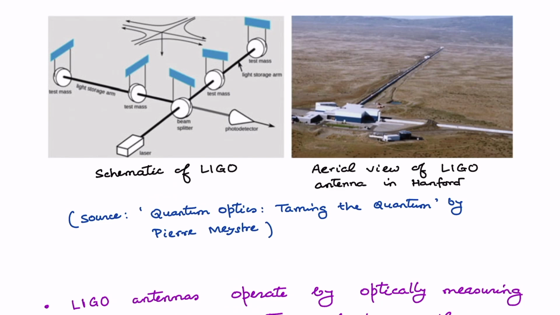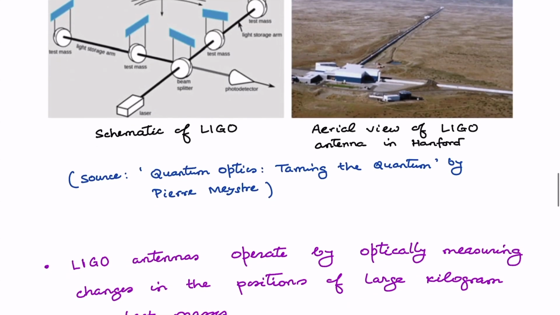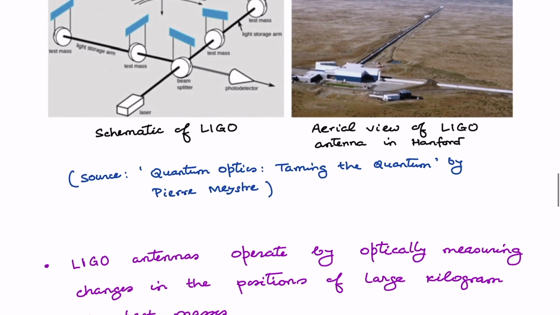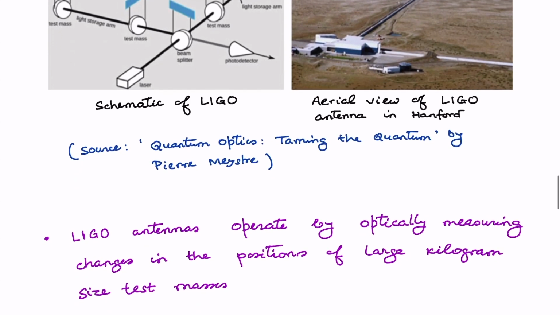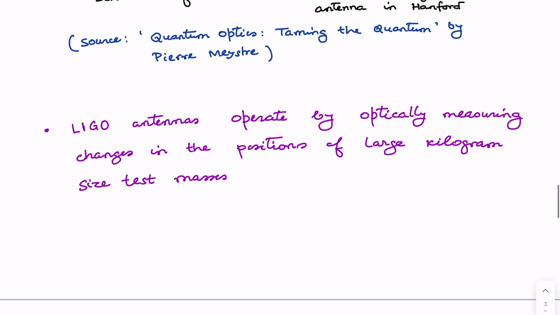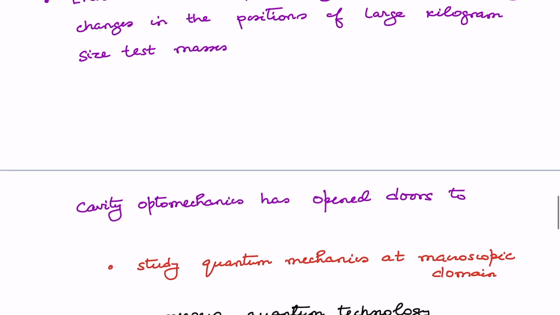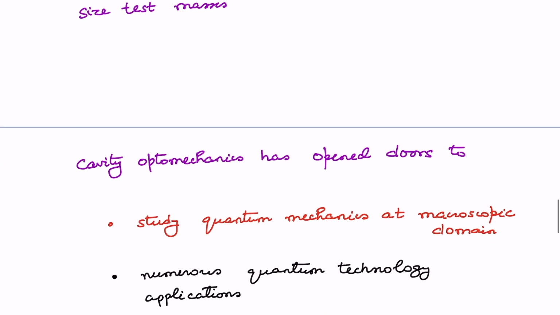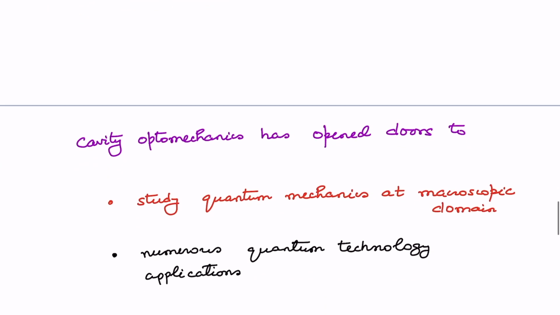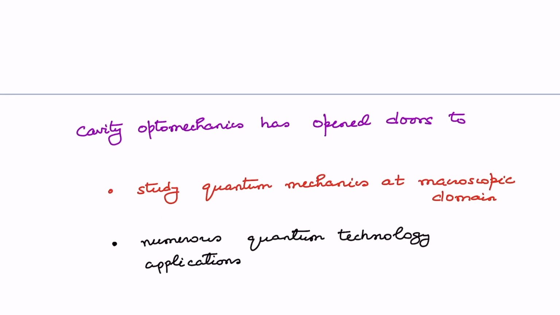Now, with the availability of advanced micro and nanomechanical devices, it is possible to realize such an interferometric setup at a very small scale, and it opens the path to study quantum physics in the macroscopic regime, apart from numerous quantum technology applications, some of which we are going to discuss in a different lecture.